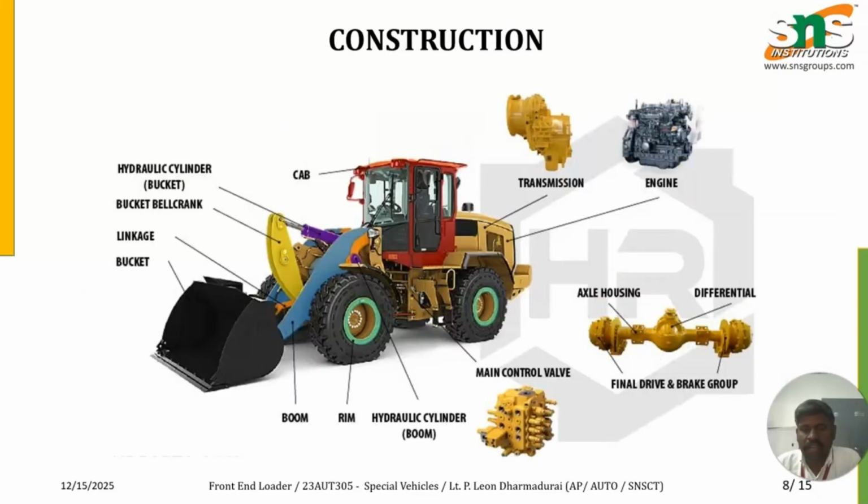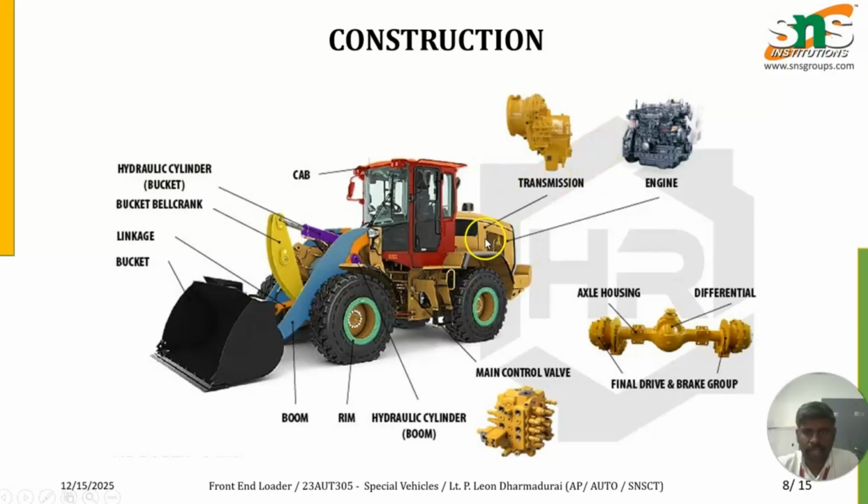We can separate this vehicle into two to three parts. The first part is the bucket with the boom assembly. Here you can see that. This area is the driver operating cabin where the controls are fixed, and the engine is placed at the rear of the vehicle in the case of front end loaders, which also acts as a counterweight.